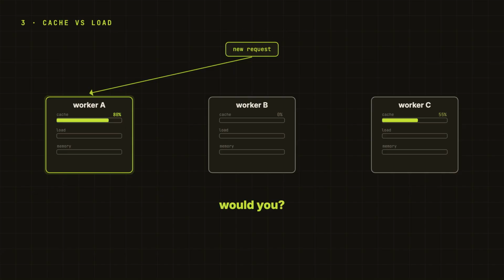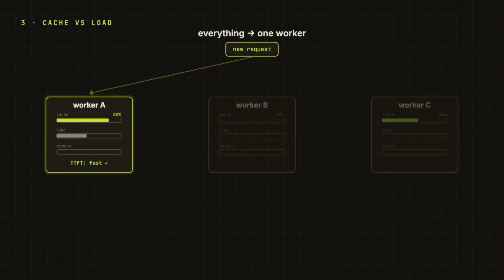It looks obvious, right? So let us do it and watch what happens for a while. It works beautifully. Requests that share a popular system prompt all land on the same worker. All hit the cache. First tokens come back fast. Nice. But think about what we just did. Every request that shares that popular prefix goes to one worker. So that worker gets more and more traffic while the others sit idle.